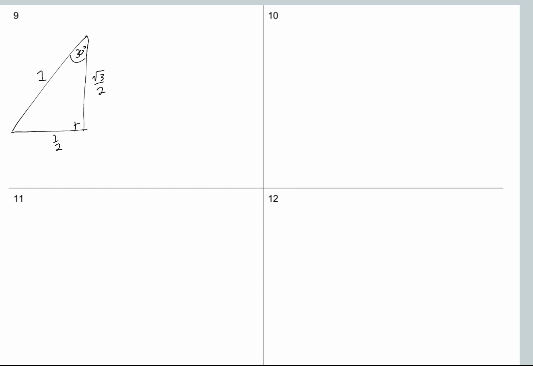The other thing I like about the triangles is it confirms some really tidy relationships. You know that in a right angle triangle, if one of the angles is 60, the other one has to be 30. These are called complementary angles, two angles that add up to 90.